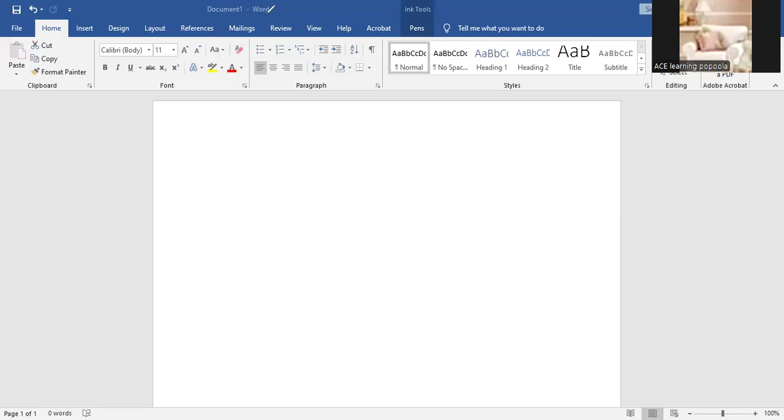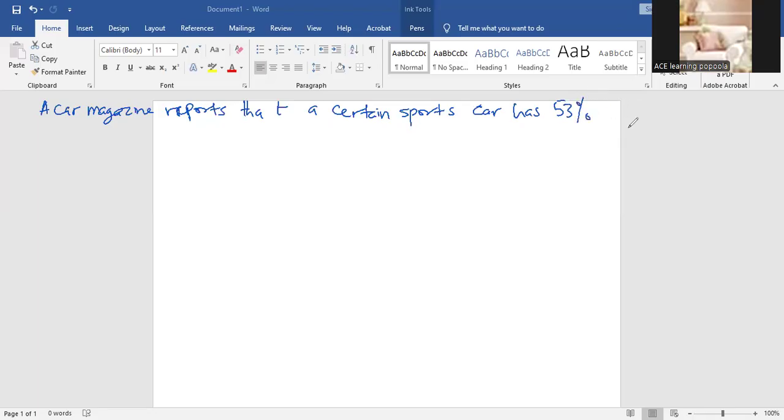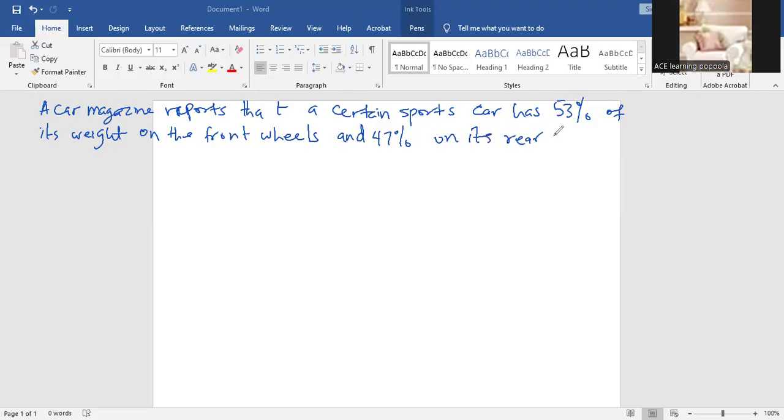A car magazine reports that a certain sports car has 53% of its weight on the front wheels and 47% on its rear wheels.